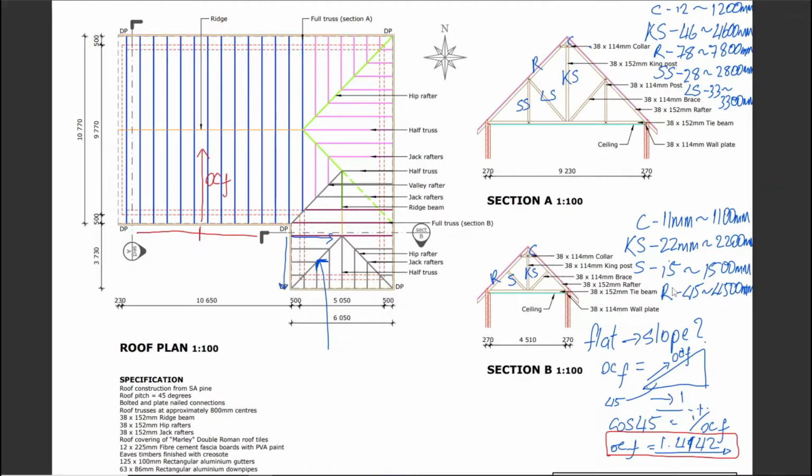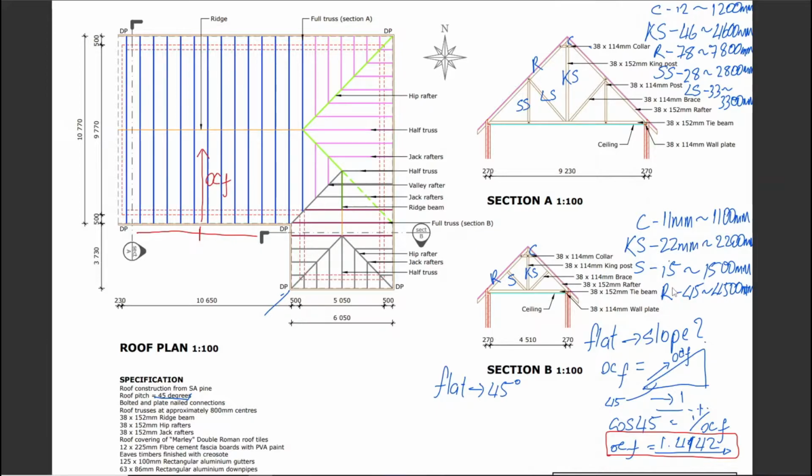So let's go from flat to 45. When I say 45, I don't mean this 45. I mean 45 with regards to the angle that it's coming in. This was flat to slope perpendicular, so let's call this 90 degrees. It's coming in at 90 degrees to the face.